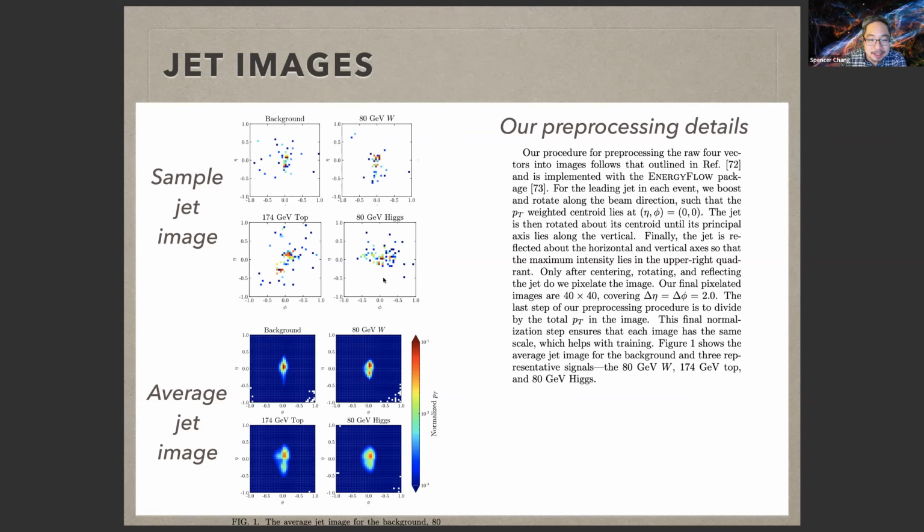The top looks like this. The Higgs is some broad thing. So these things are certainly distinguishable, but they're hard to tell event by event. If you look at the average jet event images, you can see these features borne out a little bit more on average. Okay.